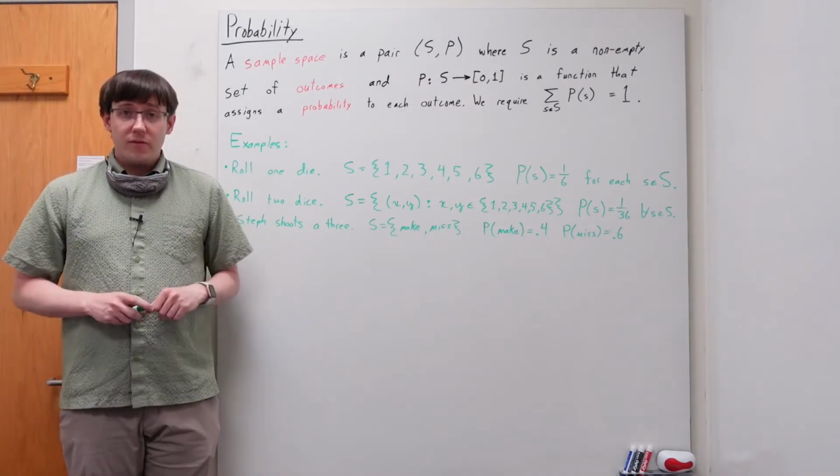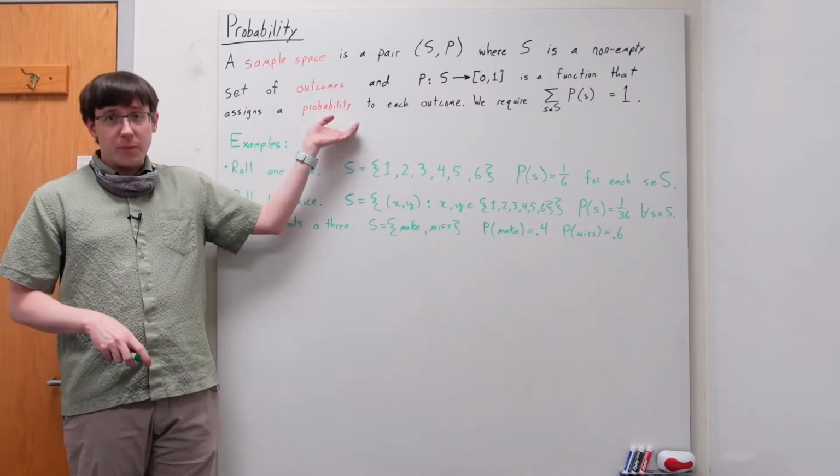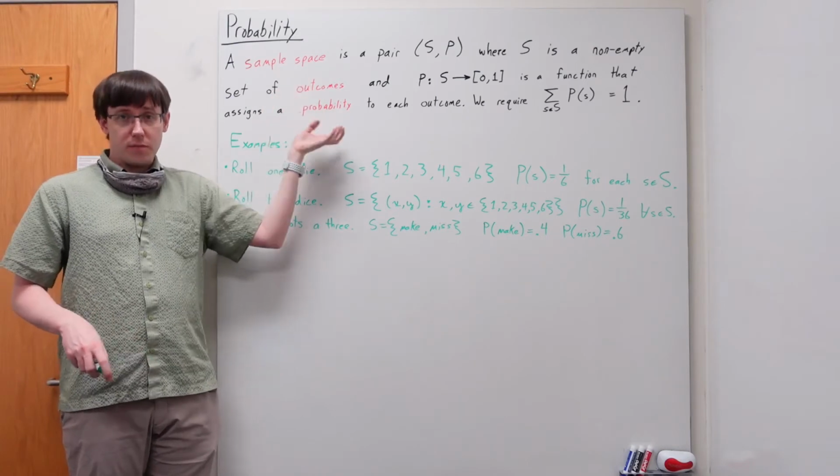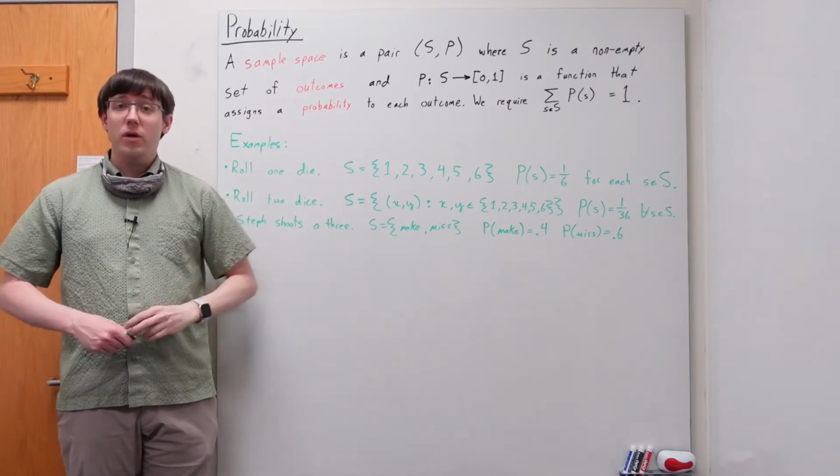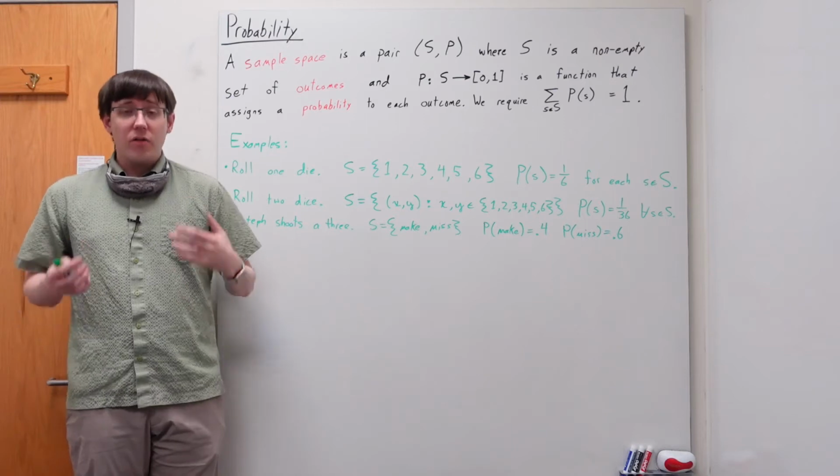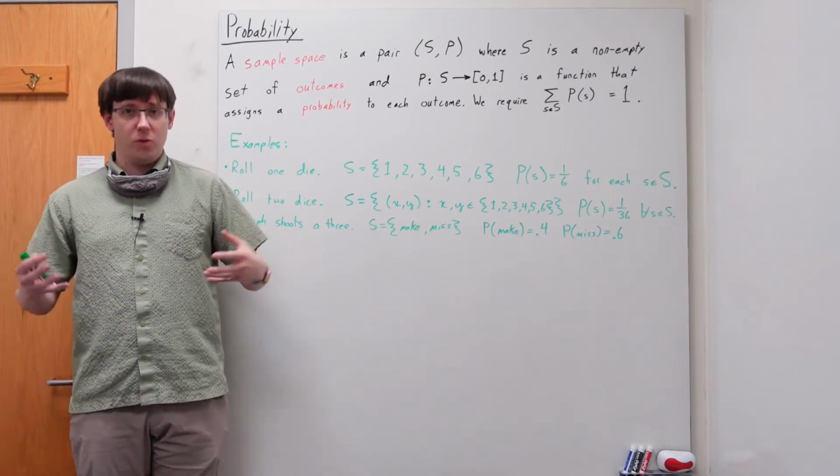So now that we have a definition of a sample space with outcomes and probabilities, we can think about more complicated events that are combinations of outcomes.